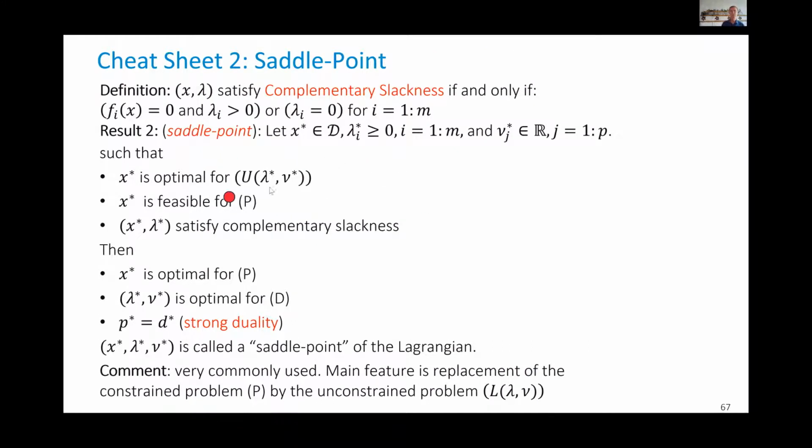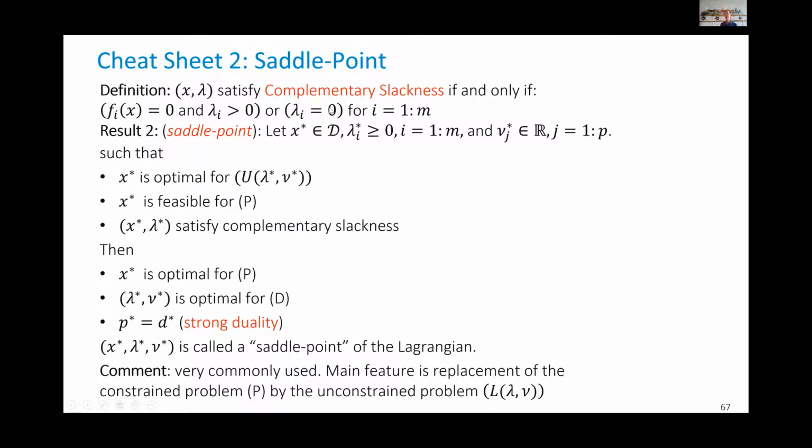A solution that we obtain must satisfy the following condition, called complementary slackness. If the lambda that I have is positive, so if the multiplier is non-zero, then the constraint must be satisfied with equality. Otherwise, if Fi satisfies the constraint strictly, the multiplier is zero.